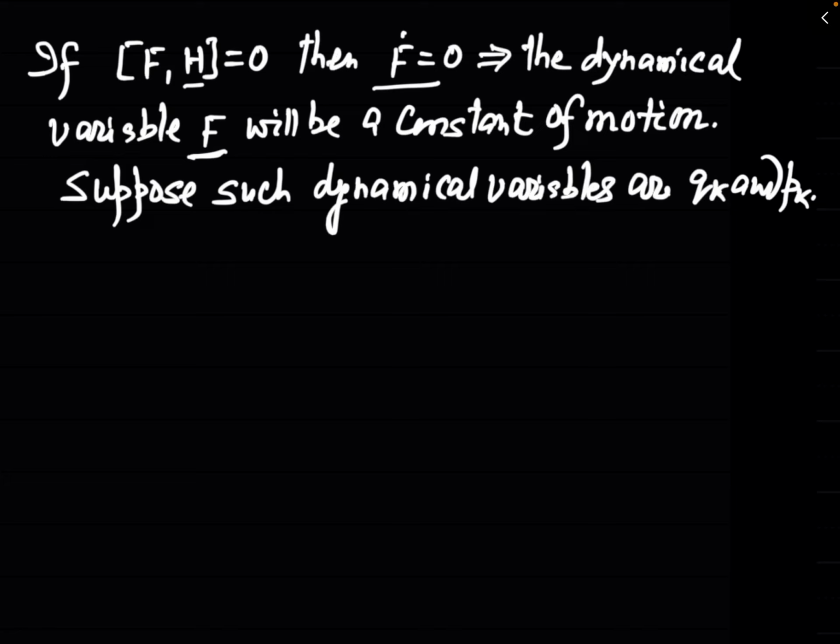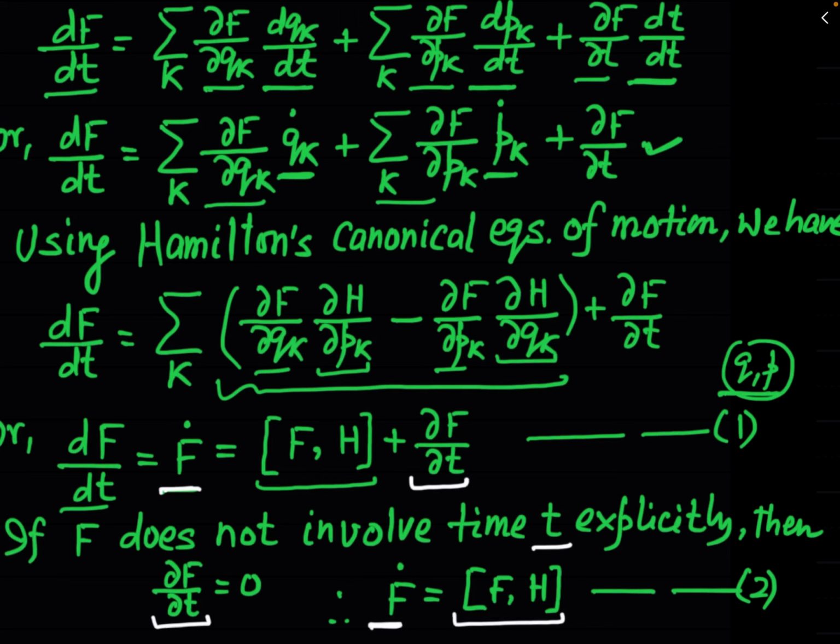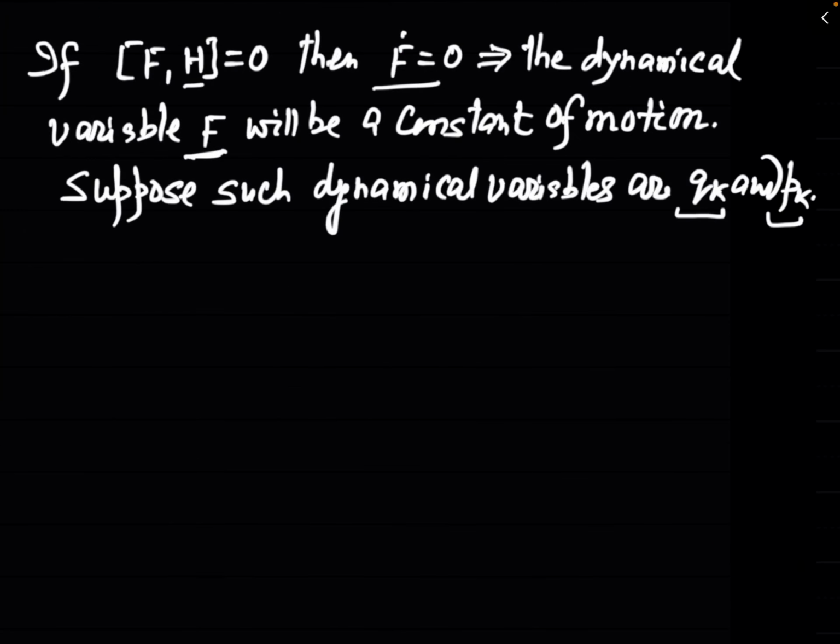In fact, we are now recognizing this dynamical variable f as qk and pk. So in this condition, from equation 2, instead of f we will now write qk and pk.